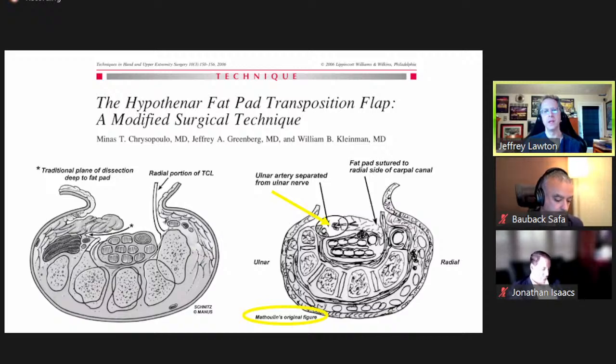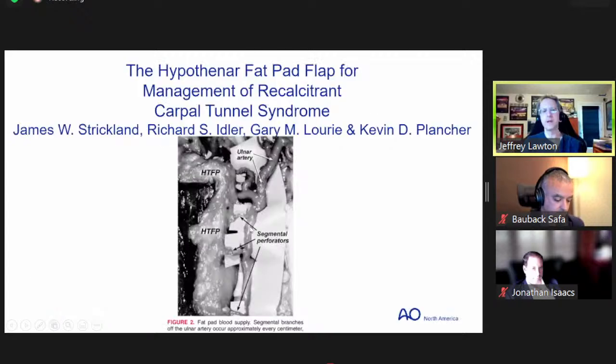This is an adaptation of Mathoulin's original technique. Differences, Mathoulin divided the artery, as you see here, and brought the pedicle with the flap, whereas the Indiana group leaves it in situ and just mobilizes that flap. And this is what I've come to do.